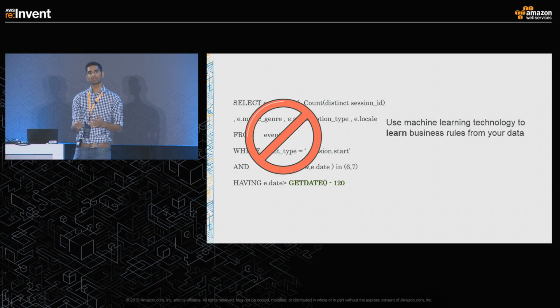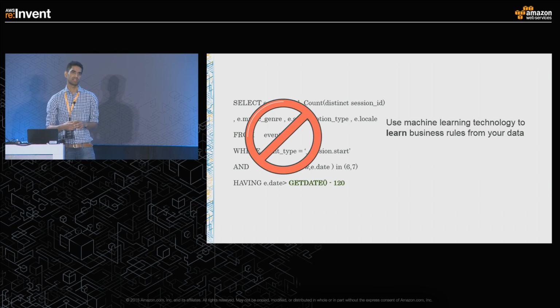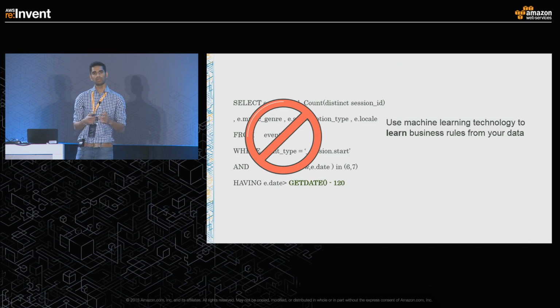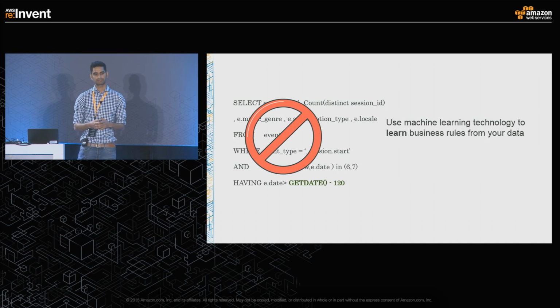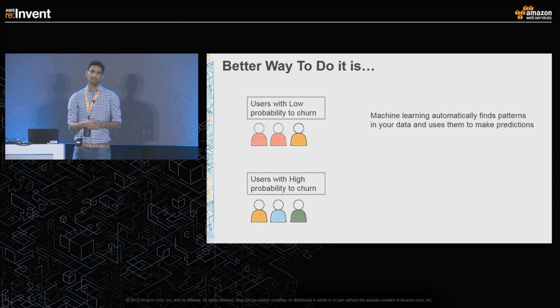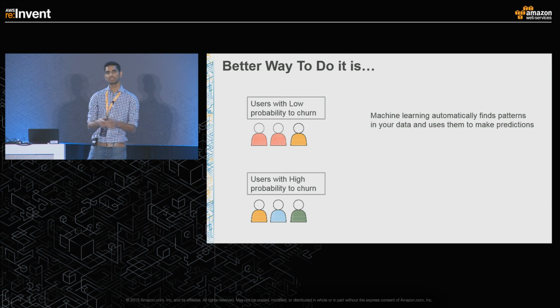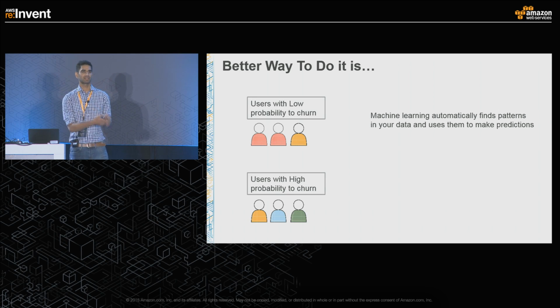So the right way to approach this is to use machine learning. Using machine learning to find business rules in the data makes your lives much simpler. So what does machine learning do? Machine learning looks for those patterns in the data which will help you identify which users have high probability to take a certain action and which users don't.